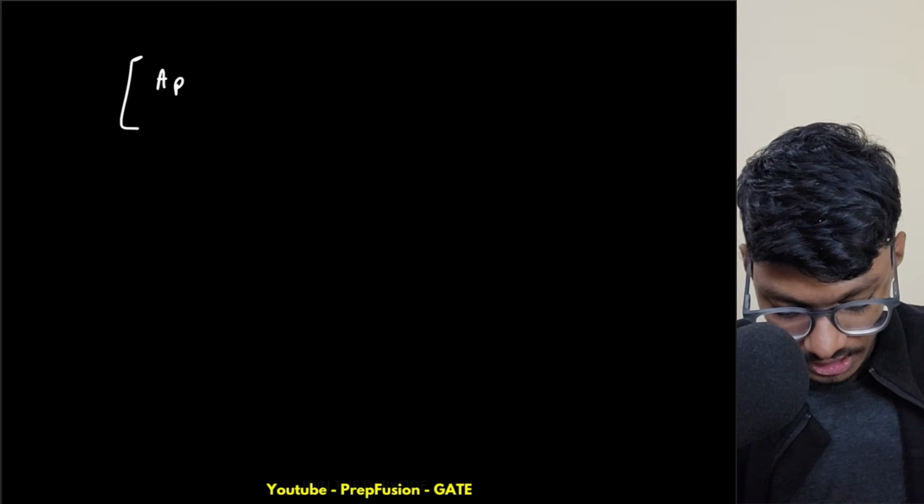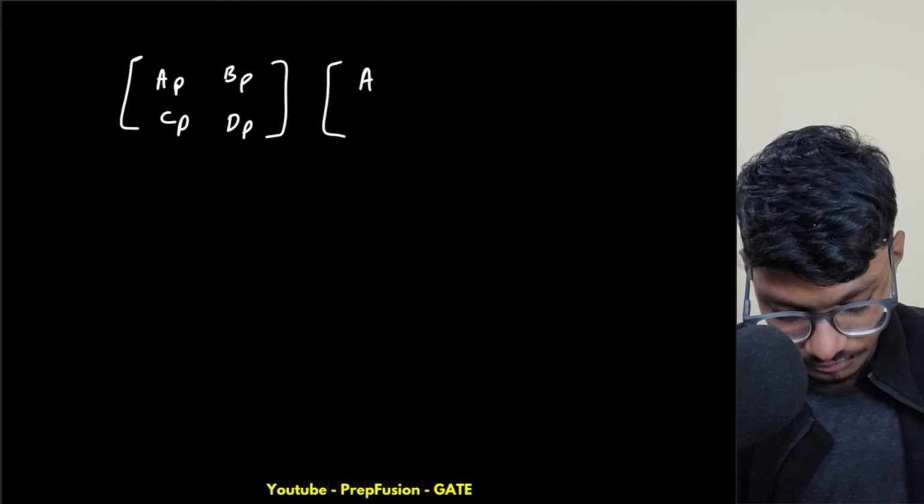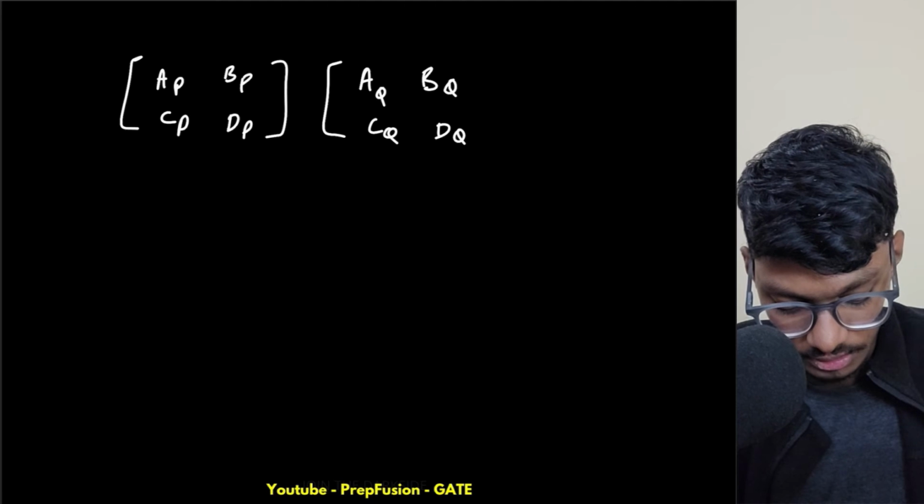So if the ABCD parameters of the first network, P network, are AP, BP, CP and DP, and the second network is AQ, BQ, CQ and DQ.